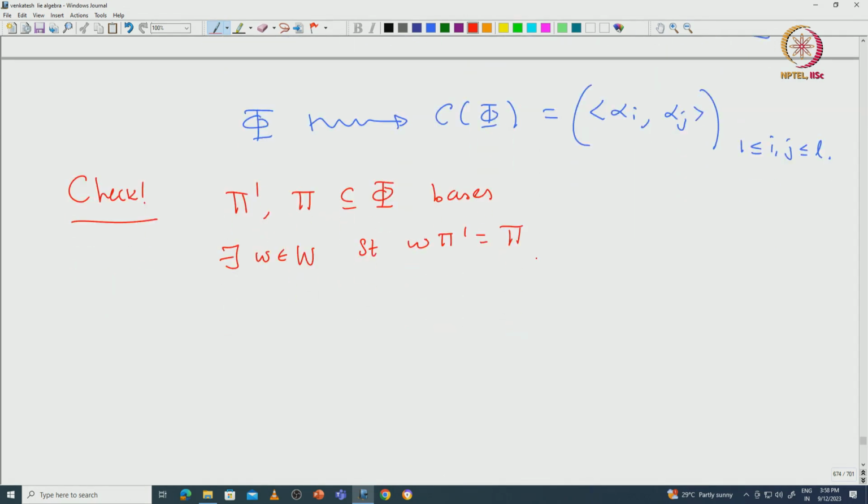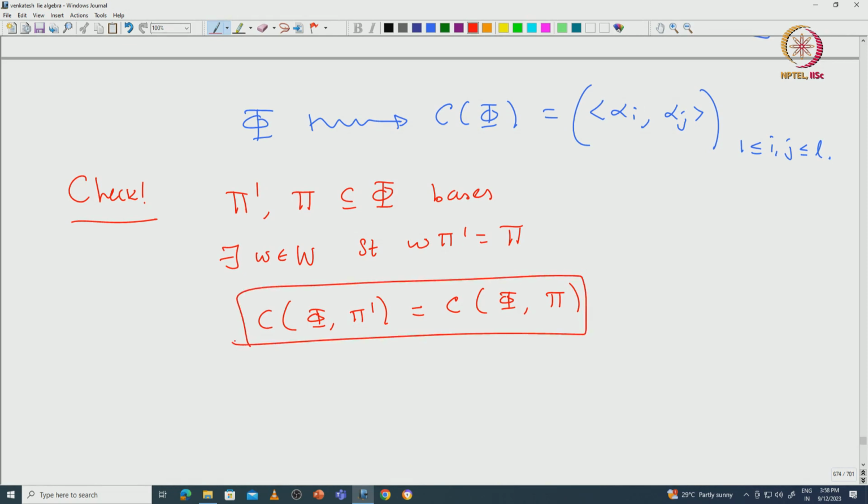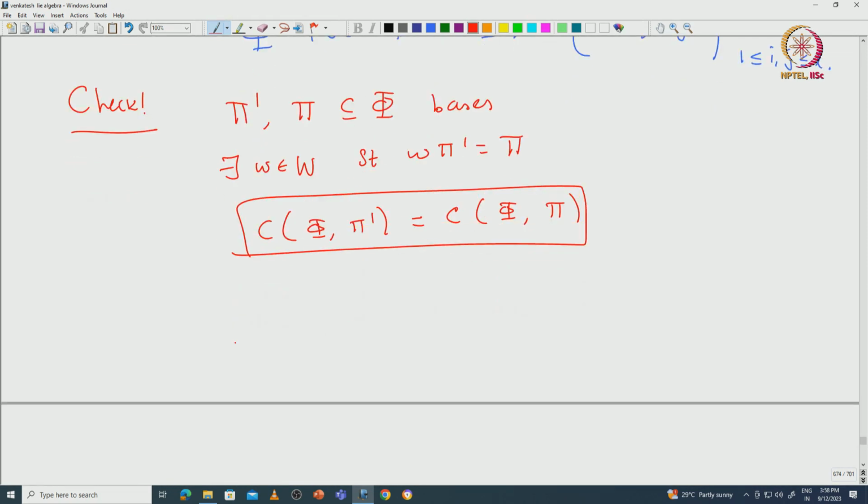Then the Cartan matrix associated with pi dash is exactly equal to the Cartan matrix associated with pi. Since w is an isometry, in particular it preserves the inner product, so it preserves the Cartan integers. So it is immediate that the corresponding Cartan matrices must be the same, of course up to order, there is no issue.